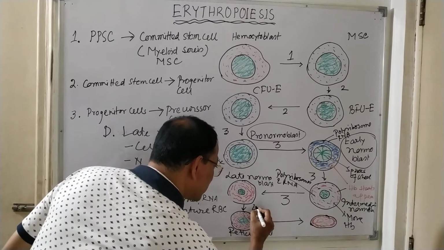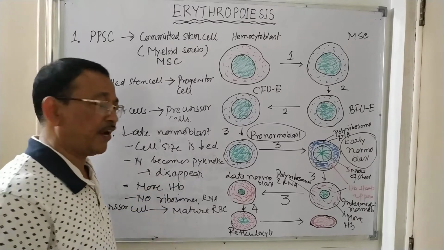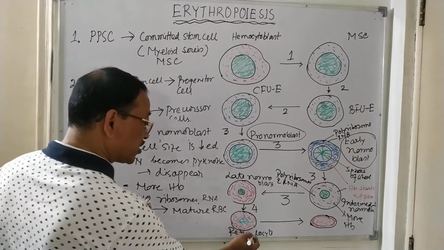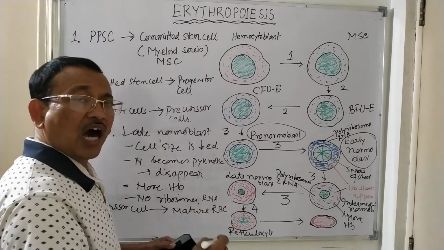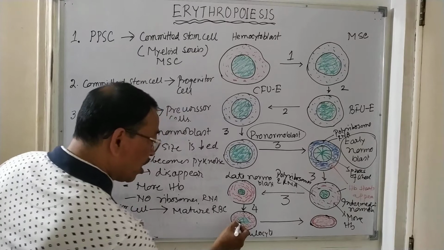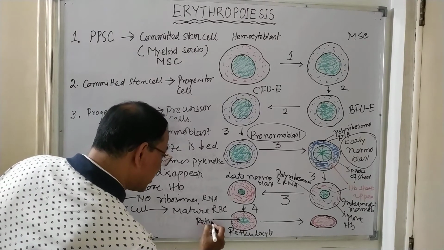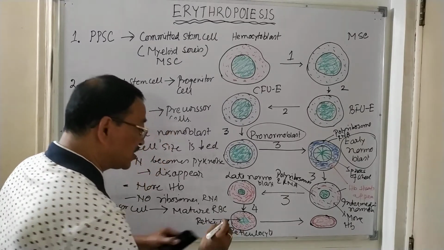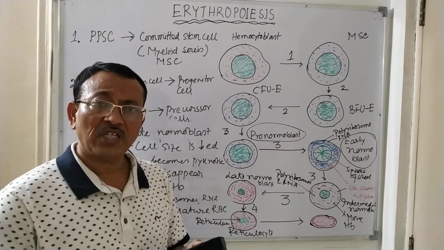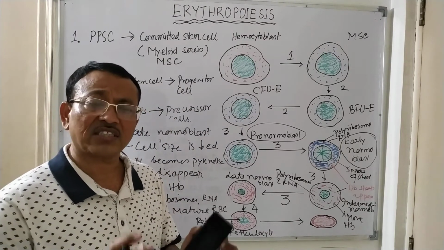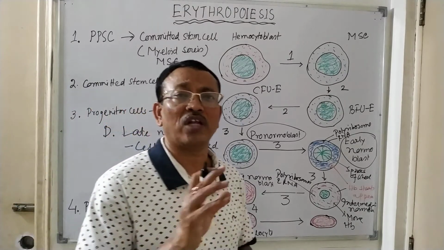This is the fourth step of the erythropoiesis process, that is reticulocyte formation from the late normoblast. These reticulocytes have a reticulum, a net-like structure. These net-like structures are the remnants of the ribosomes and the disintegrated nucleus.